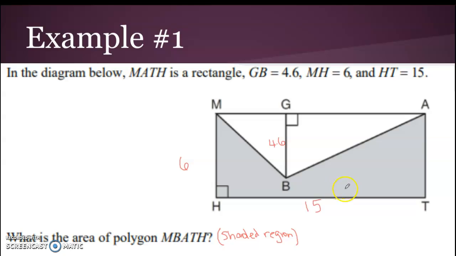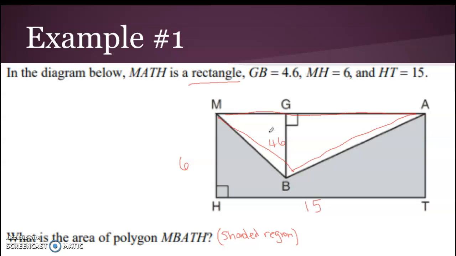So when you look at this, you should be able to see, okay, I have a rectangle, which they gave me. And then this big entire shape here, it's a triangle. So that shaded region is like, okay, I have this rectangle and I'm cutting that piece out, the clear piece, that triangle.